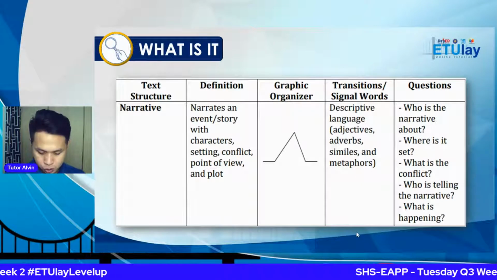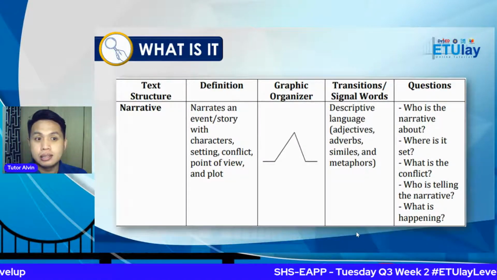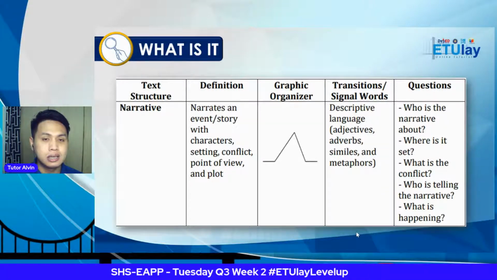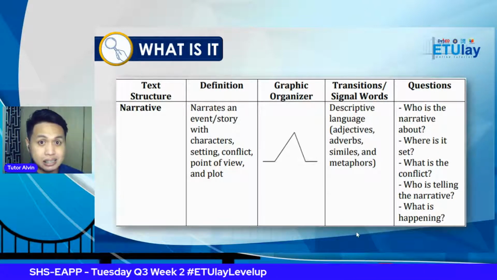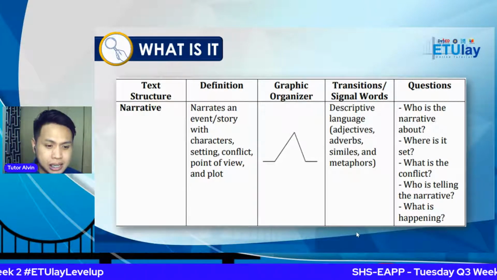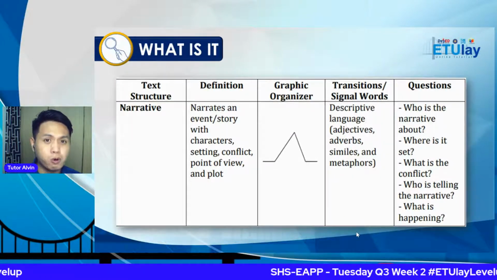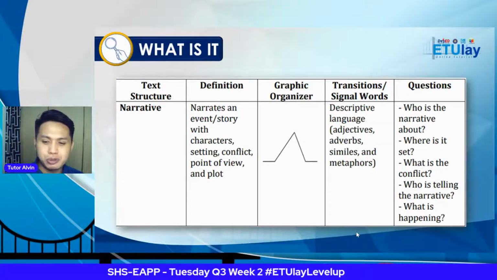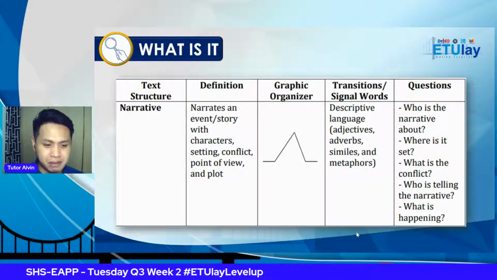If it tells a story, okay? That's how simple it is. If the text is telling a story, there is no other structure. That is basically, or automatically, or possibly narrative or narration. So that is our first text structure, narrative.